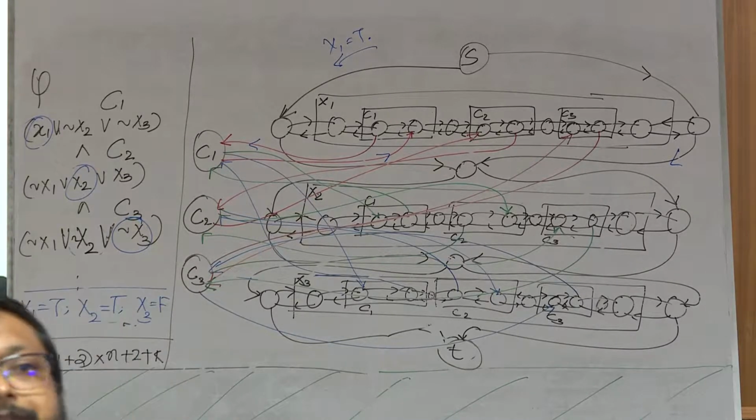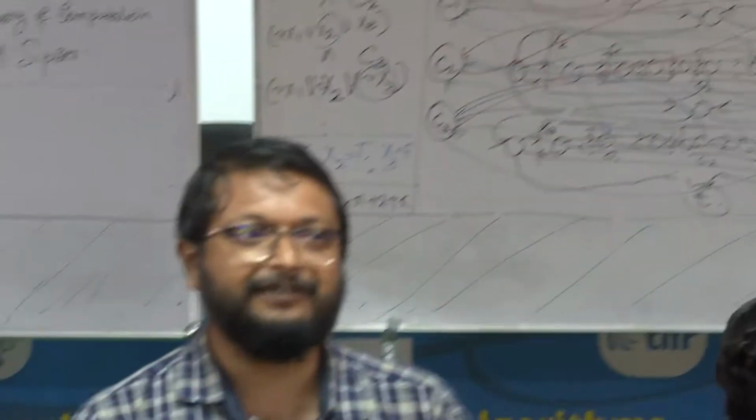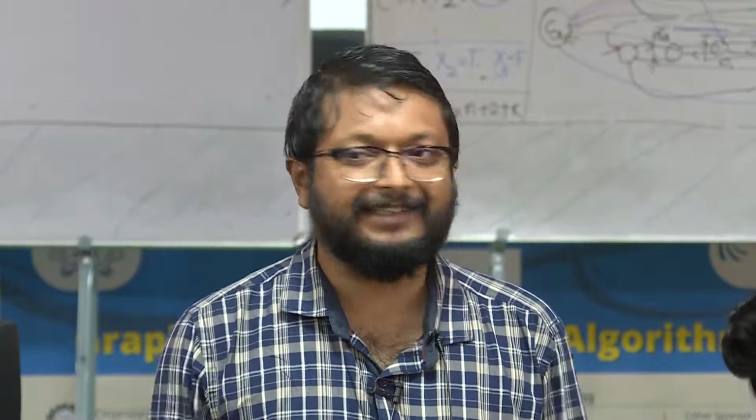Why should we write such a big gadget for this? I want to ensure that if there is a path from S to T which is directed Hamiltonian, then I should also get a truth assignment corresponding to it.